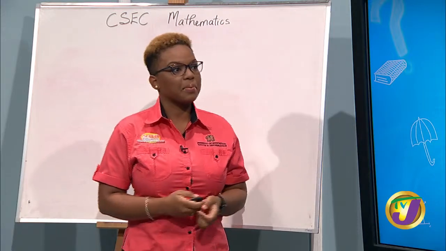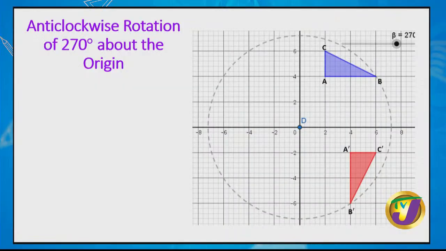Let's look at the anti-clockwise rotation of 270 degrees about the origin. What do we expect to happen here? Let's explore quickly. We know A is (2, 4), and as we see the points come up on screen, (2, 4) maps to (4, -2), so A prime is (4, -2).